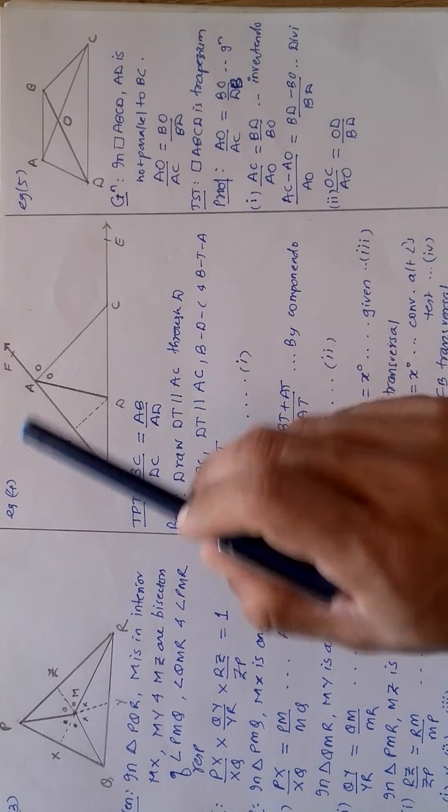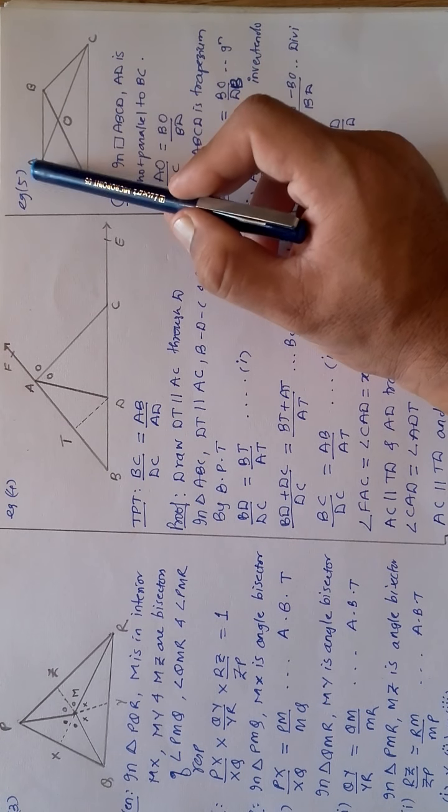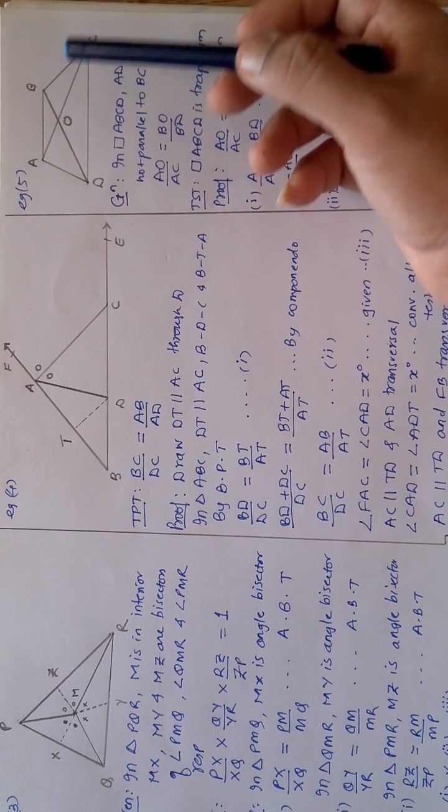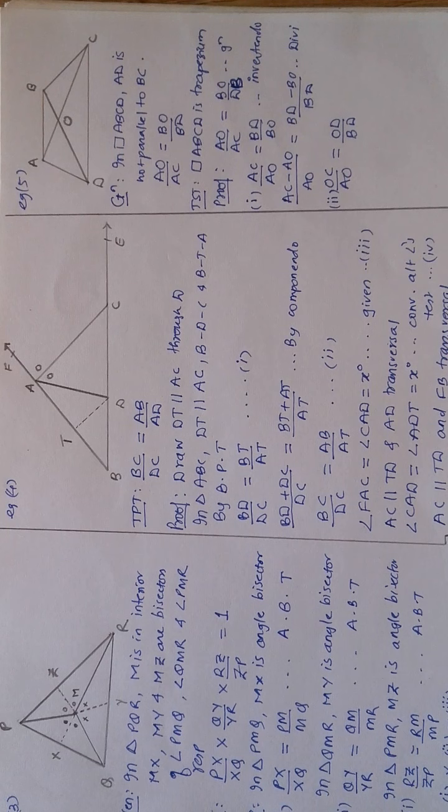But if I see this one, OC is to AO, right? Now if I think this is a ratio, then I require a line cutting two sides and parallel to the third side.